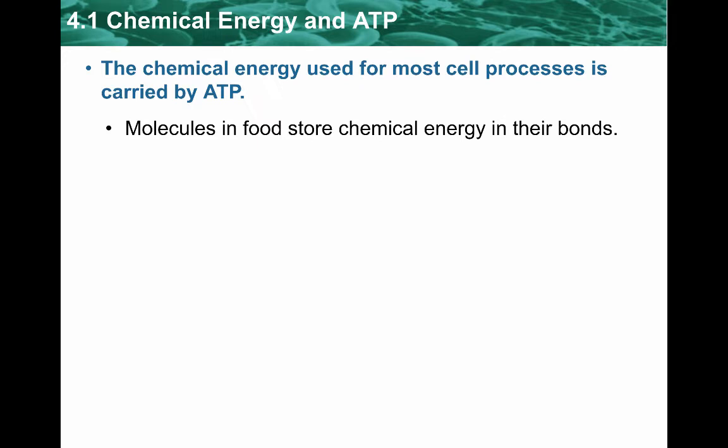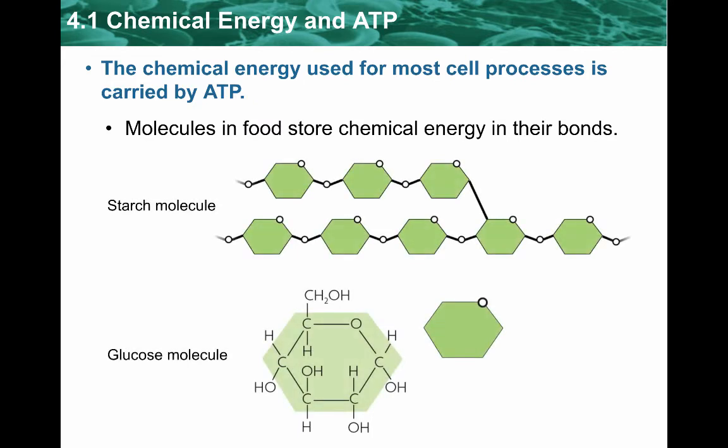So when you eat that bowl of pasta and it breaks down into individual monosaccharides like glucose, all those bonds that are holding the carbons and the hydrogens there contain energy. So when your cells break down that food molecule for energy, it converts the energy in the bonds of the food into energy stored as ATP.